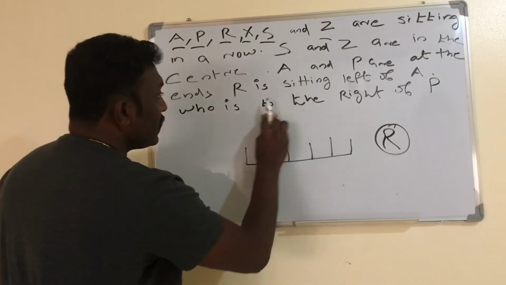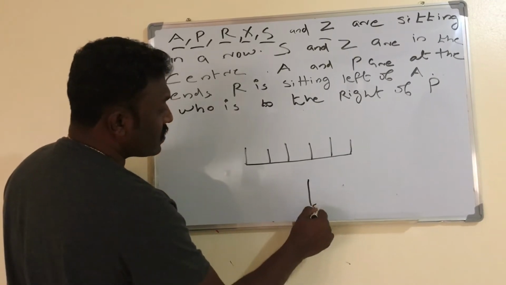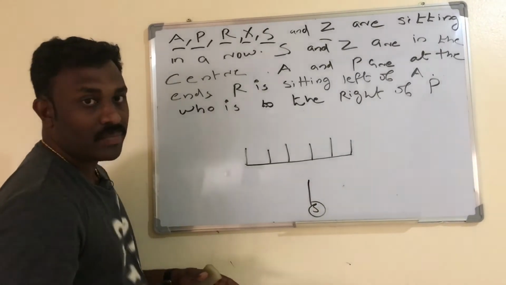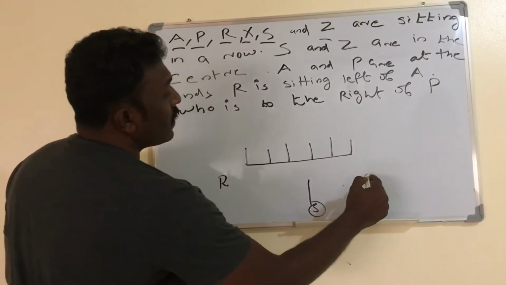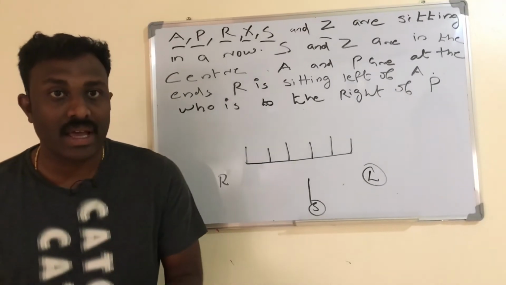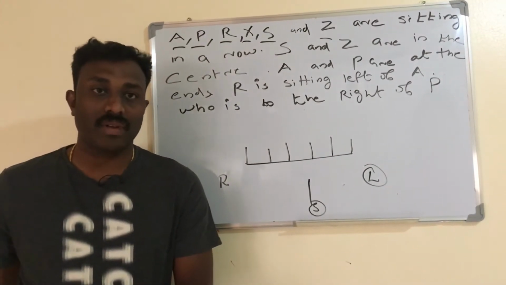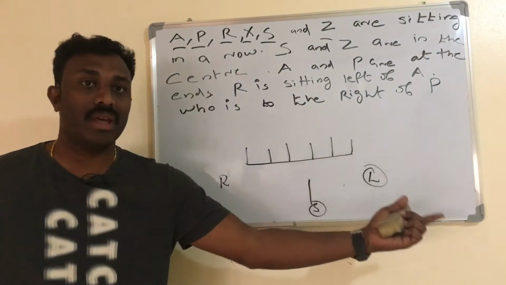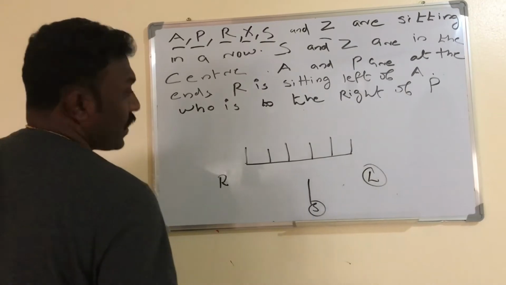Suppose if they are facing south, then how will it be? This side will be right and this side will be left. If somebody is facing towards the south side, then the right will be here and the left will be here.